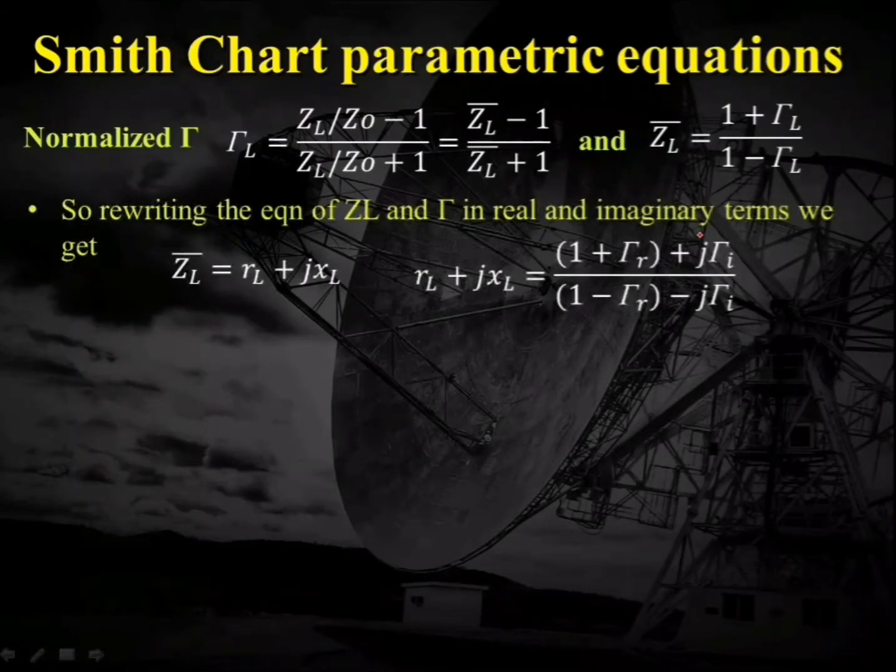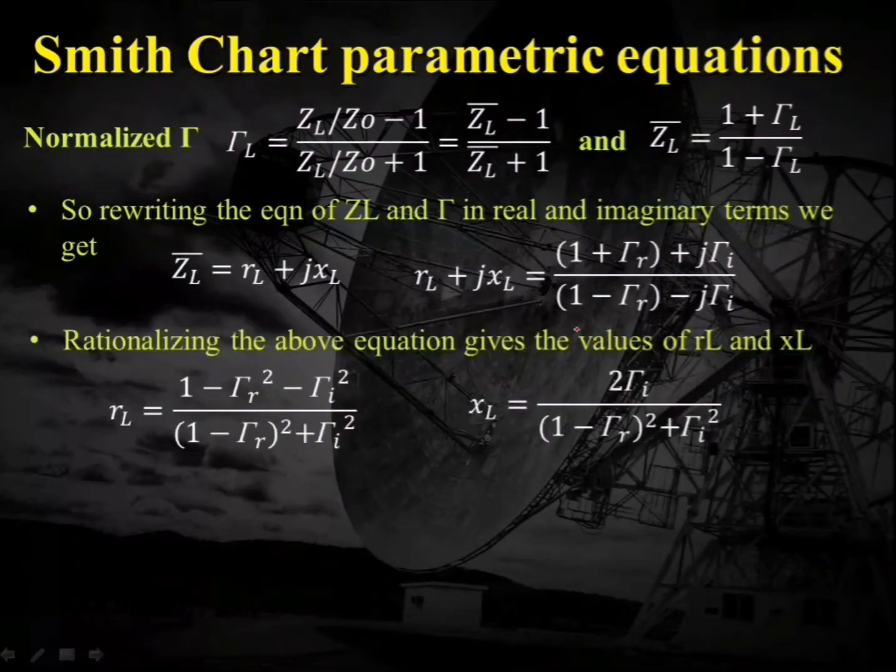Now, rewriting these equations of ZL and tau in real and imaginary terms, I write ZL bar as R plus j XL, or simply RL plus j XL as it is related to the load. On the right hand side I can rewrite this reflection coefficient tau L again in terms of real and imaginary terms. So the real term will be added with the 1, that is 1 plus tau R plus j tau I, and similarly in the denominator.